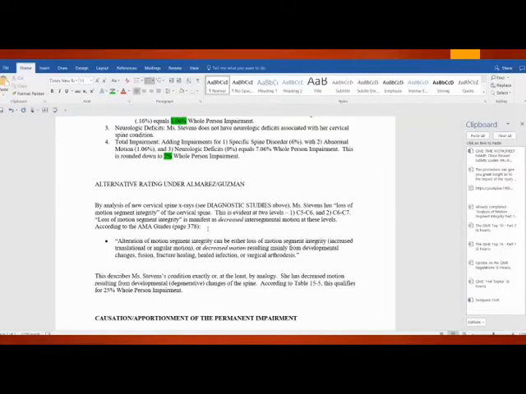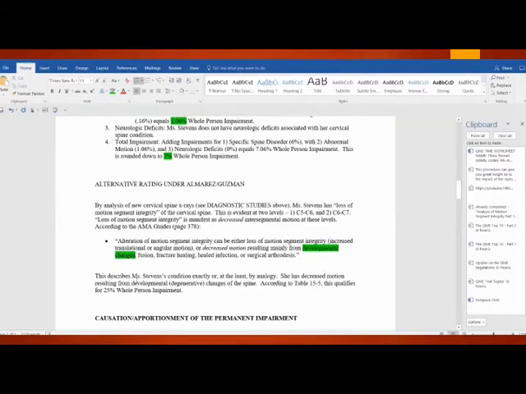And then I quote from the AMA guides, alteration of motion segment integrity can be either loss of motion segment integrity, meaning increased translational or angular motion, or decreased motion resulting mainly from developmental changes, fusion, fracture healing, healed infection, or surgical arthrodesis. Okay? And in this case, Ms. Stevens had decreased intersegmental motion due to developmental or degenerative changes.